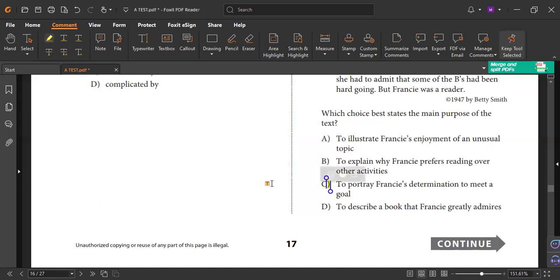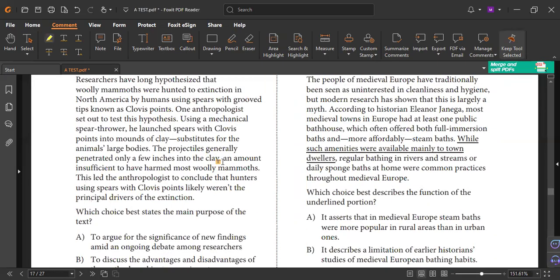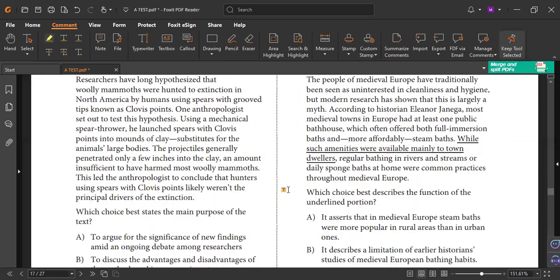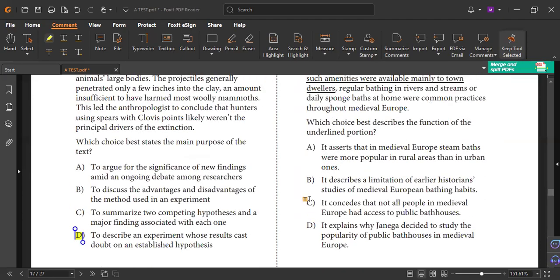Okay. Number 7 is D. So we did number 7. Yes, okay, it's D. 7, it's D, correct. Number 8 is C. Number 8, it's letter C, correct.